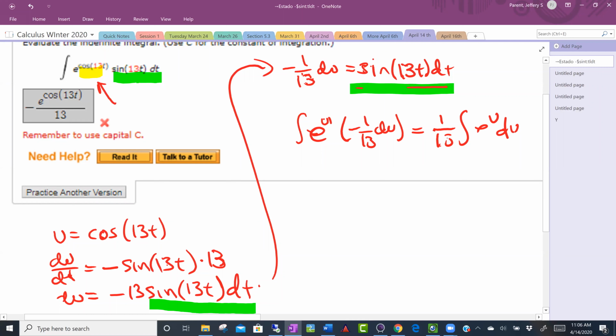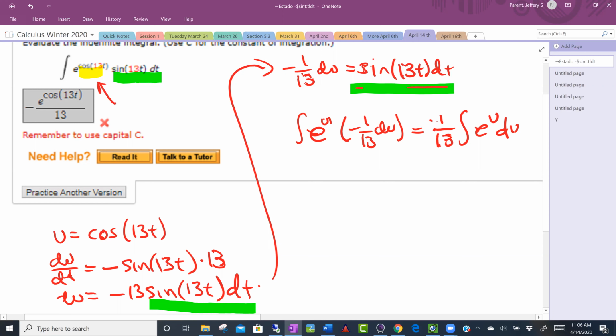Okay. Then what's going to happen with that? Well, we know the integral of that, right? What's the integral of e to the u?